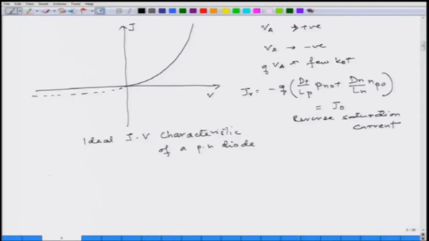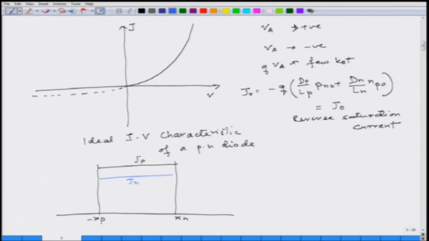So, if I look at the current inside the device, my depletion zone, I am looking at the current inside the device from x_n to x_p. I know that I have calculated the hole current and the electron current.